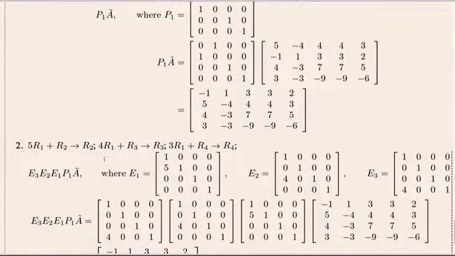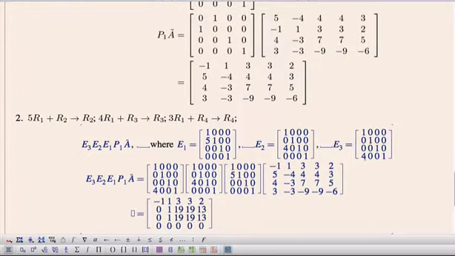And in fact, you can do this in one step, writing after you have this permutation the addition matrices E1, E2, E3. So E1 is adding 5 times row 1 to row 2. Then 4 times row 1 to row 3. And that should be 3 here.